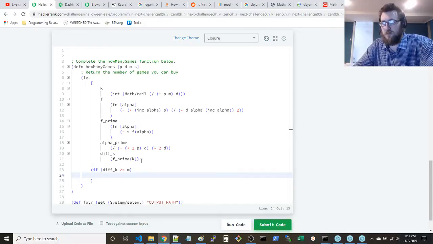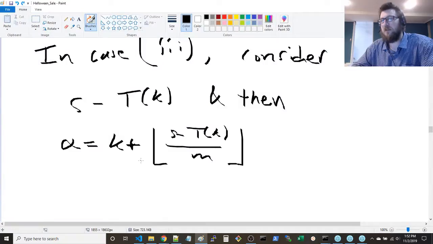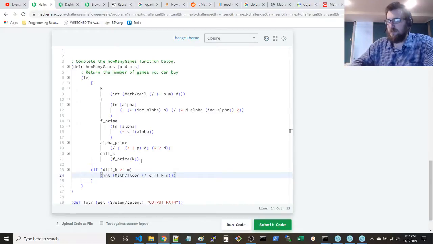So diff K divided by m, math floor, convert that to an integer, and add K to that, plus K.